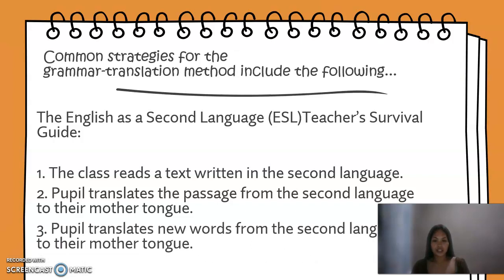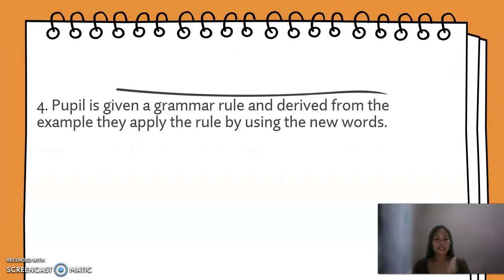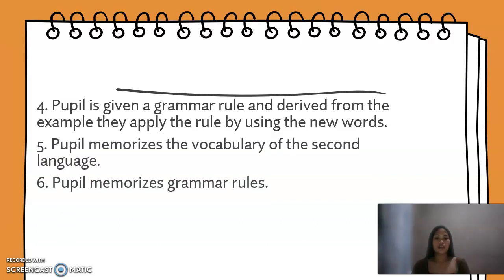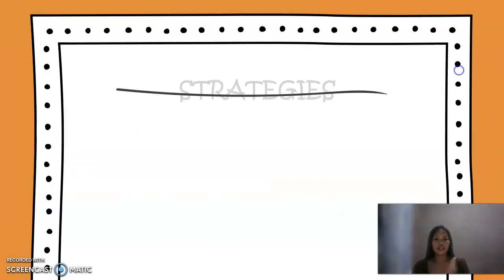Pupils translate new words from the second language to their mother tongue. Then pupils are given a grammar rule derived from the examples. They apply the rule by using the new words. Pupils memorize the vocabulary of the second language. Pupils memorize grammar rules. Errors made by the pupil are corrected by providing the right answers.